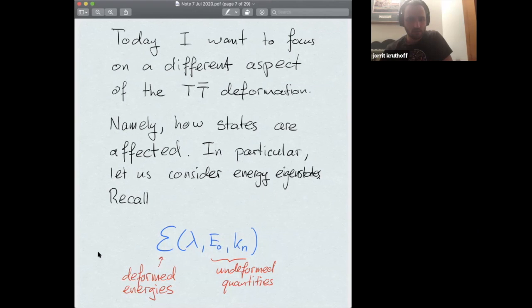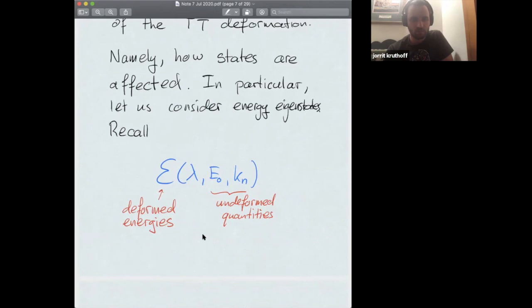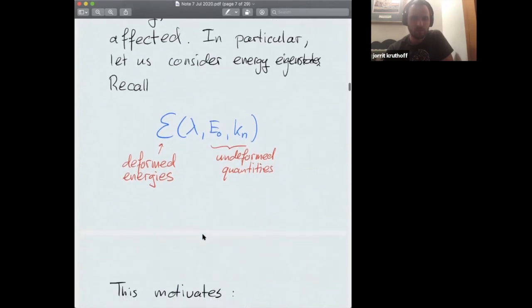So I just want to recall the deformed energy levels, and I want to highlight what the arguments are here, namely that the deformed energy levels depend on the deformation parameter, the original energy eigenvalues, and the original momenta.